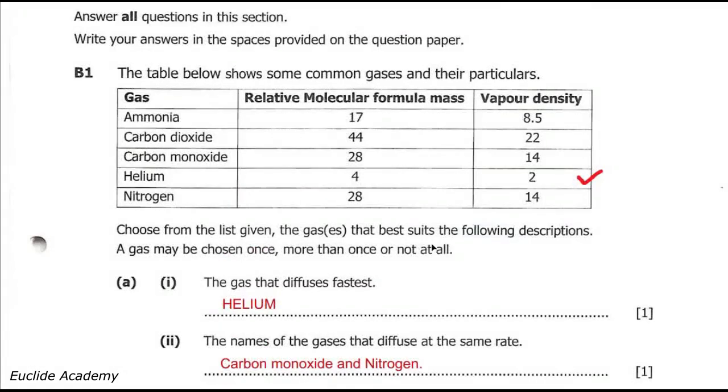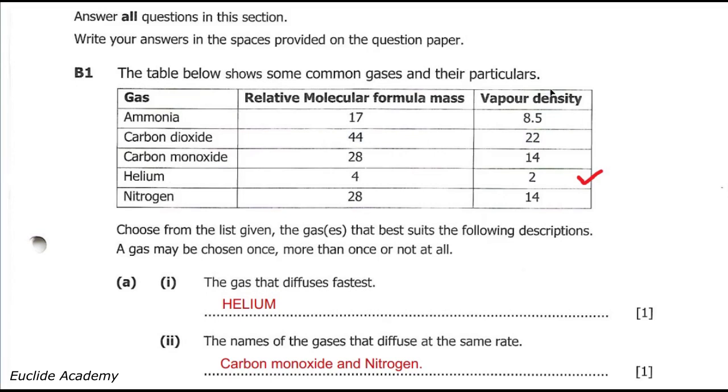When we look at our table, we can see that when we multiply the vapor density by 2, we get the relative molecular formula mass. For example, 2 times 2, we get 4. 14 times 2, we get 28. 22 times 2, we get 44.